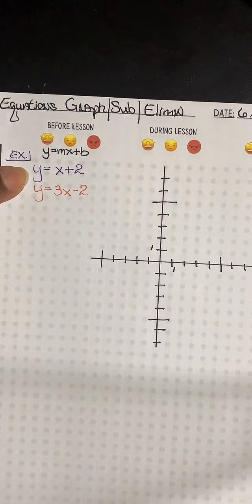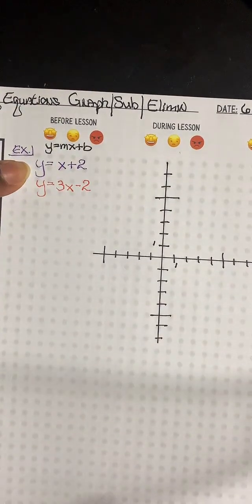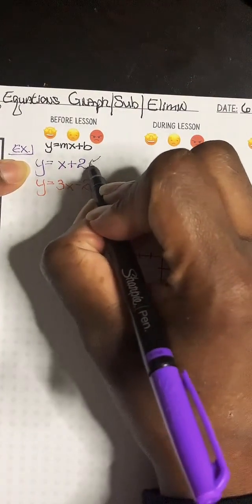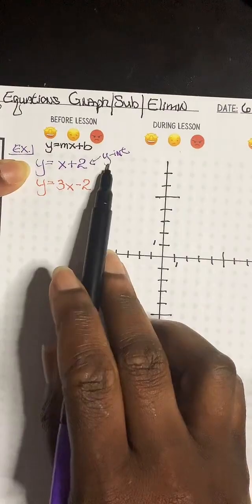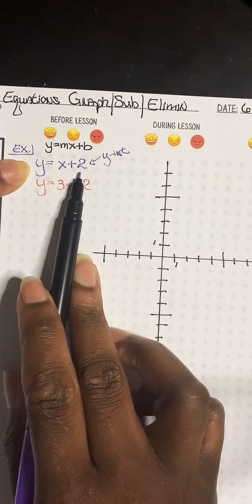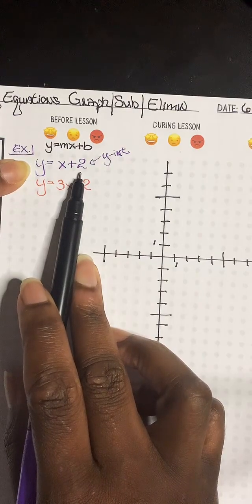Now, this is the purple line, my y equals x plus 2. Where do I start? It's always the y-intercept, and your y-intercept is always the constant. I know for a lot of you guys, the problem is you don't know where to start when it comes to graphing.